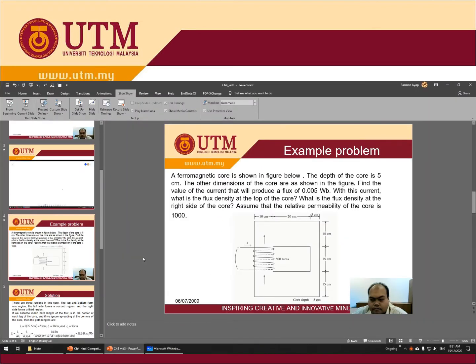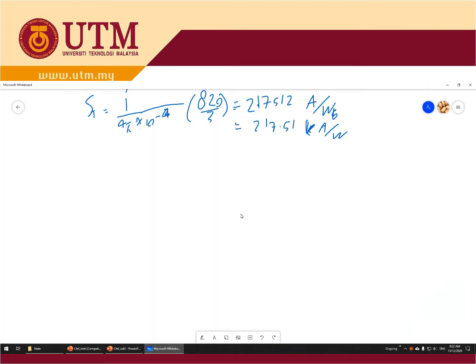So you already get the reluctance, and then you get the flux. So you have to know the current, and you need to know the number of turns. So how to solve this?